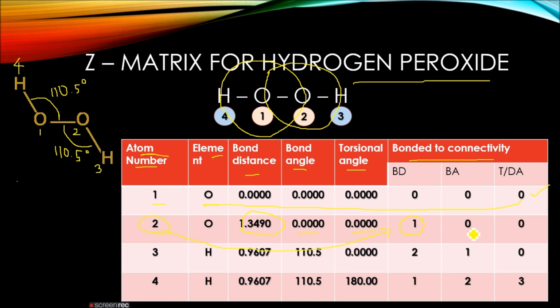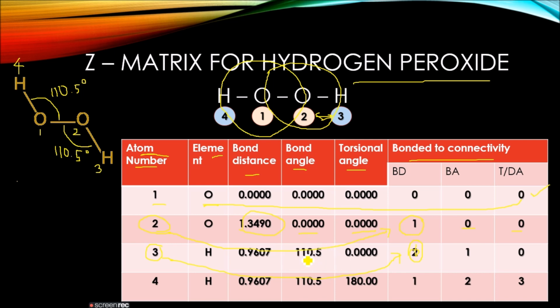Then atom 3, that is the hydrogen element. Atom 3 is connected to atom 2, as shown here, and you get the bond distance. Now you can get the detail about the bond angle. How?